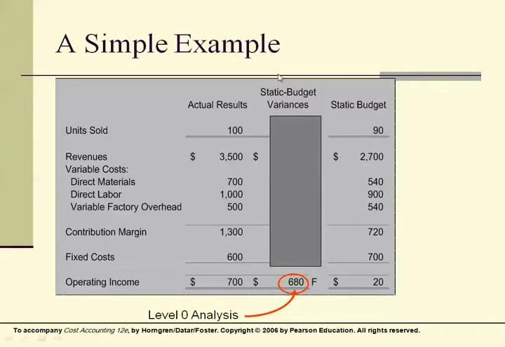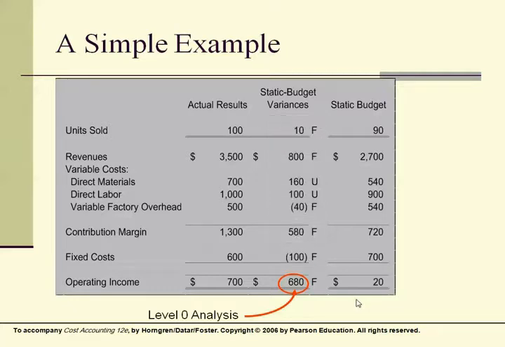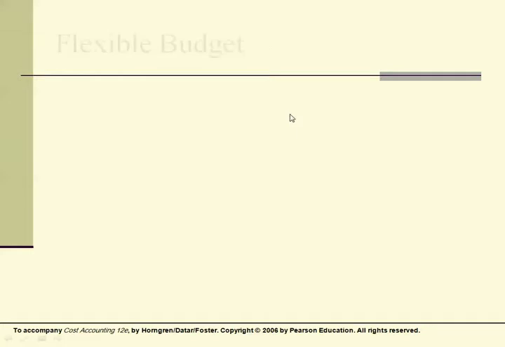This is the static budget variance, but level 0 analysis is only the comparison between operating income under actual results and operating income under static budget. But when we calculate variances for each line item between actual results and static budget, this is level 1 analysis, static budget variance.